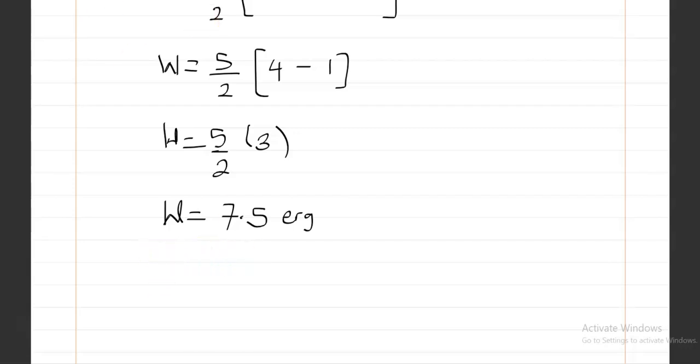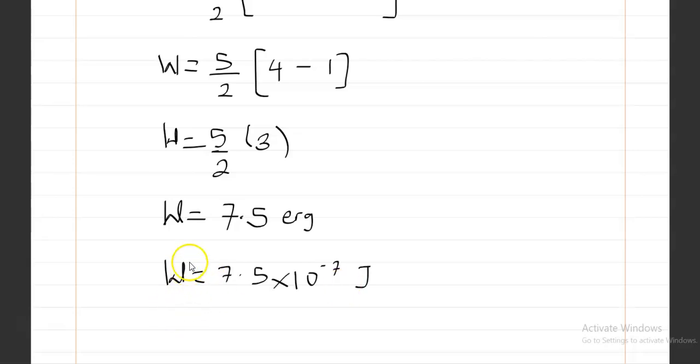So our work done equals 7.5 times 10 raised to power negative 7 joules. 1 erg equals 10 raised to power negative 7 joule.